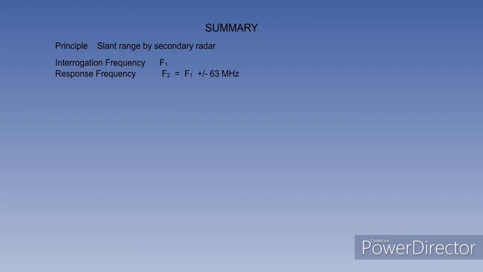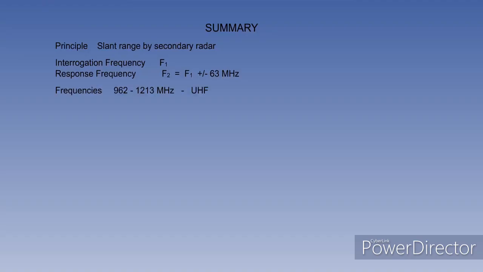Let's summarize this lesson. The principle of DME is that it measures slant range by secondary radar, that is, transponder technique. The aircraft transmits on an interrogation frequency, and the response frequency differs by 63 MHz.